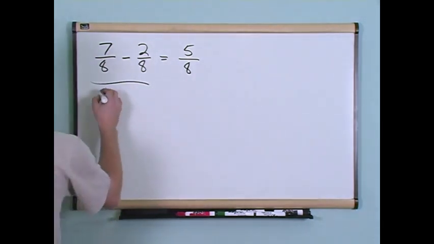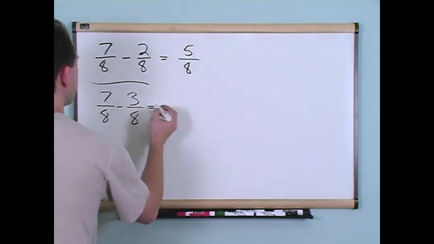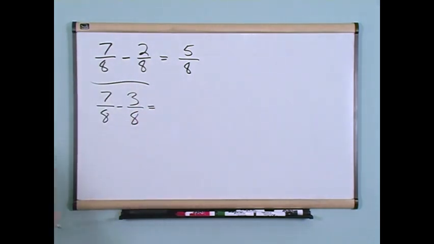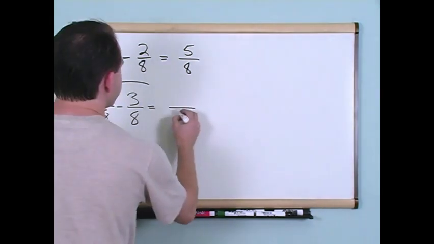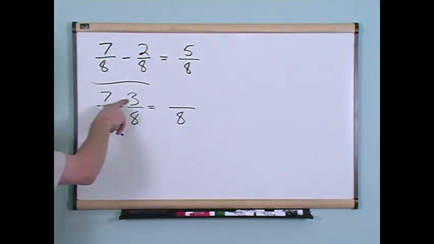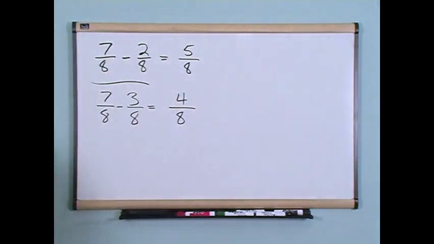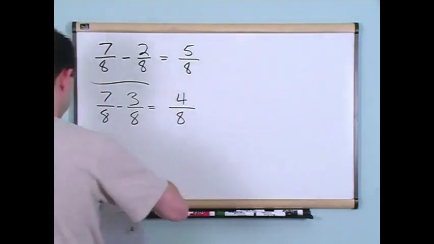What if you had 7/8 minus 3/8? First thing you check, is the bottom number the same? Yes, it is. So keep it there. I don't do anything else, just leave it there. And then on the top, 7 minus 3 is going to give you 4. You just subtract the top, you get 4/8. Then the question is, is there anything you can do to simplify this fraction?